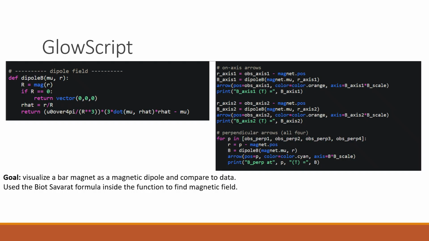On the right is where I'm creating the arrows to visualize the magnetic field of the magnet. The goal was to visualize the bar magnet as a magnetic dipole and compare the data. We use the Biot-Savart formula again.